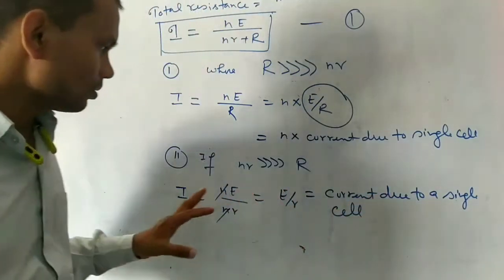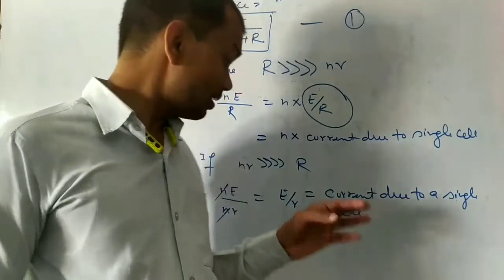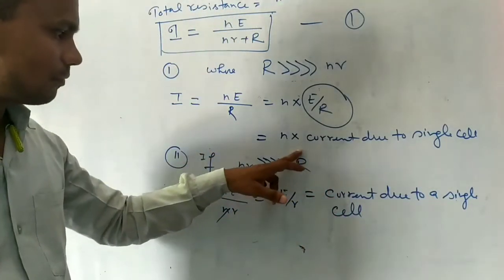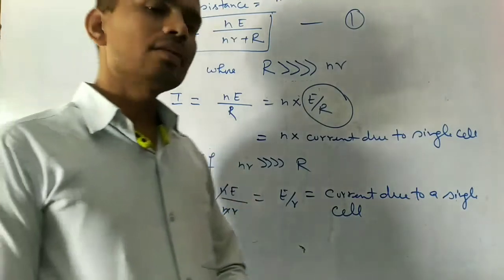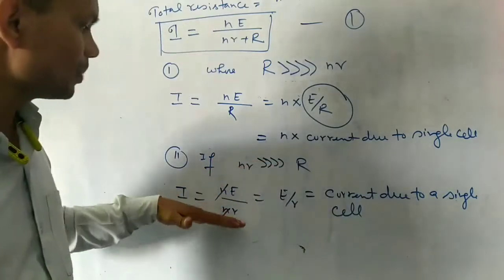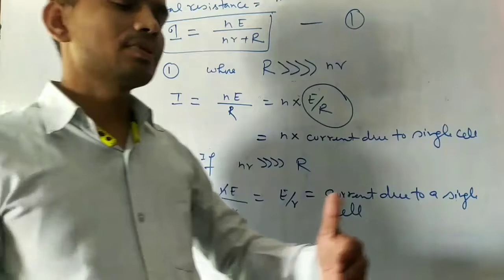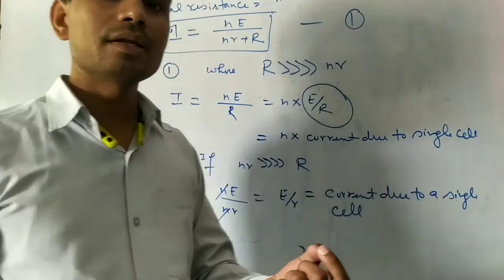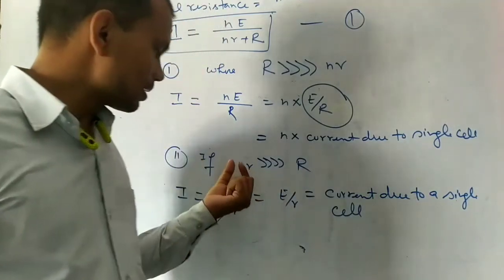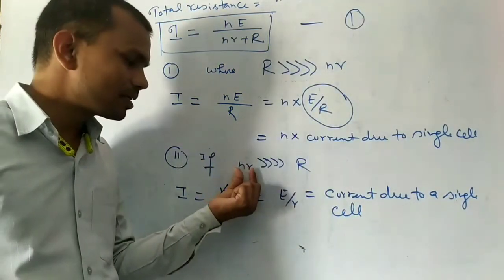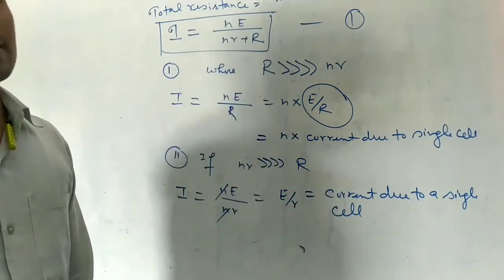So when the external resistance is very much less than the total internal resistance of a cell, this grouping is not useful, because even if we add 100 cells, we still get the current due to a single cell. The reason is that the internal resistance of the cell is very much greater than the external resistance, right?